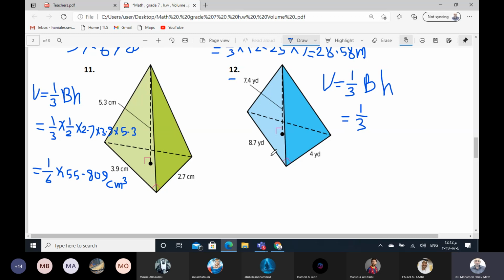The area of the base, the area of the triangle, so multiply by 1 over 2 times the base of the triangle, which is 4, times the height, which is 8.7, then times the height of the pyramid, which is 7.4.